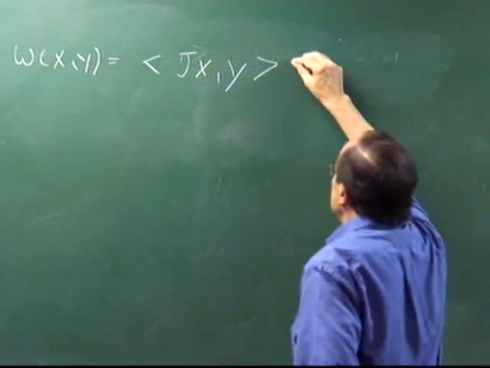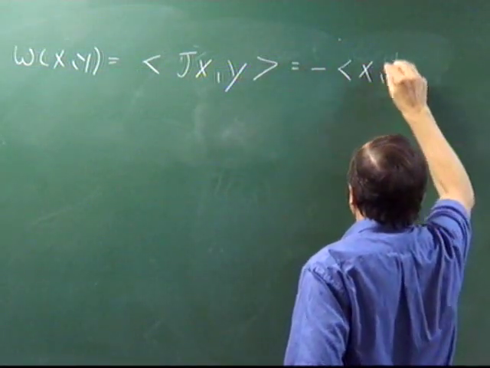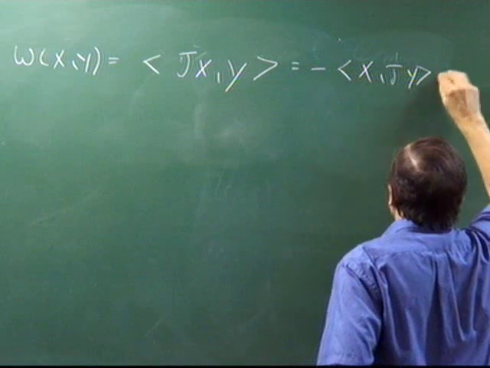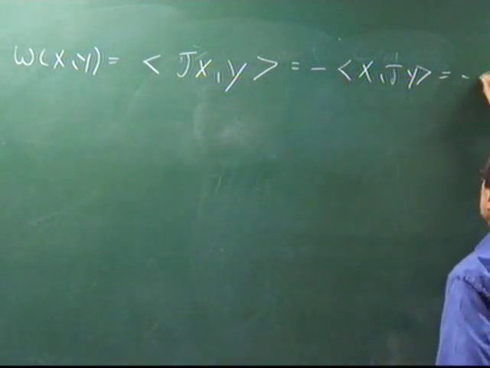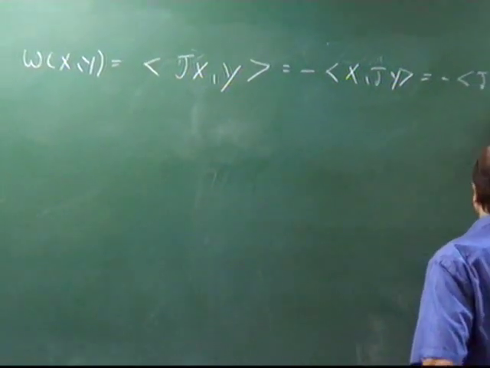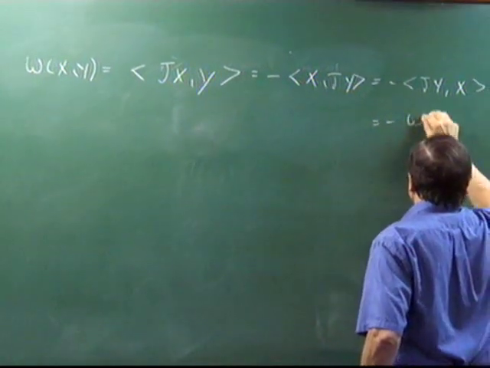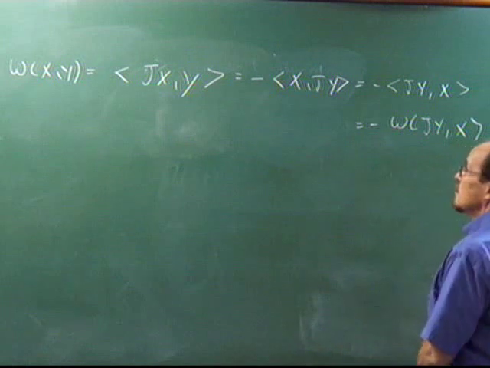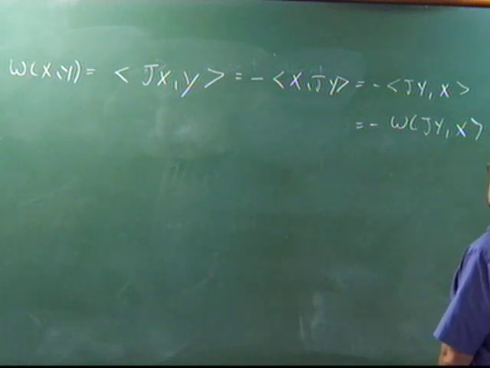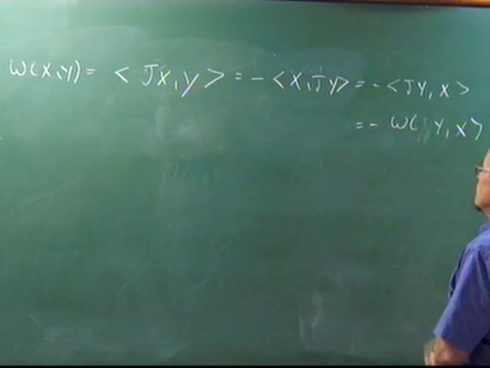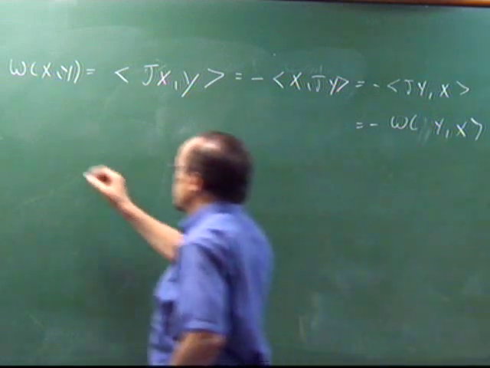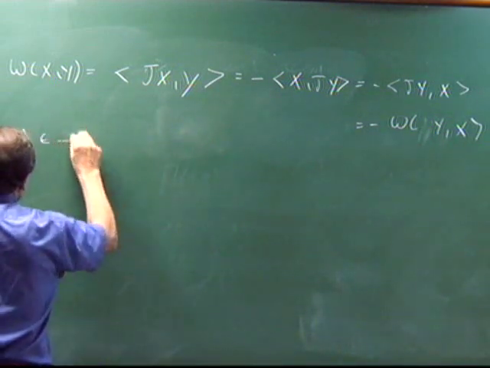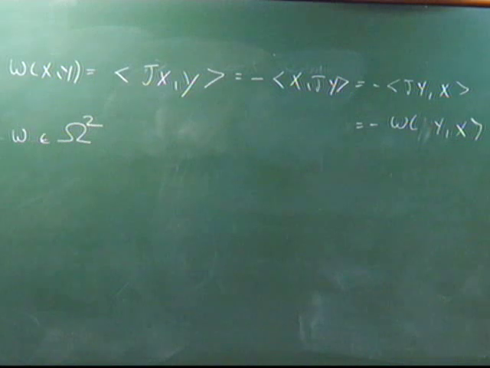Now notice that this is minus g(x, Jy), which is minus g(Jy, x), which is minus omega(y, x). So that means omega is a two-form on the manifold. So this follows from this compatibility relationship. And also omega is non-degenerate.